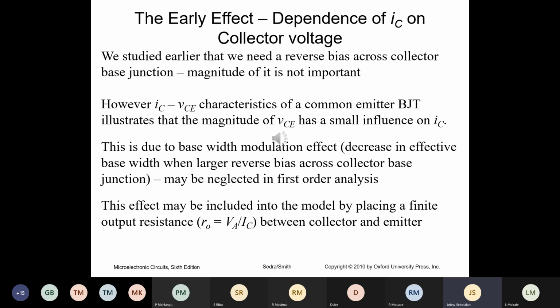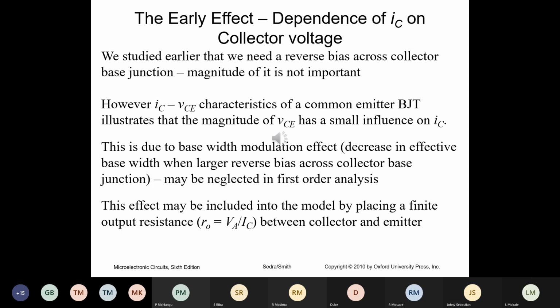However, IC, VCE characteristics of a common emitter BJT illustrate that the magnitude of VCE has a small influence on collector current. This is due to the base width modulation effect. Okay, forget about that. That is the theoretical background.